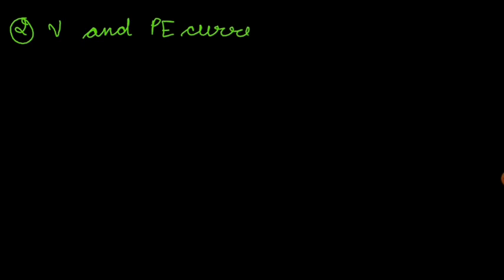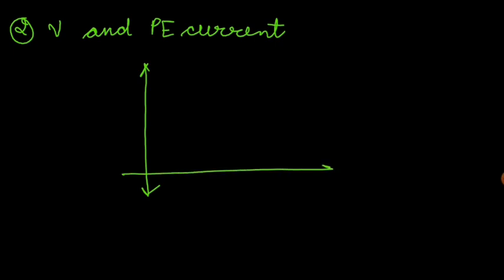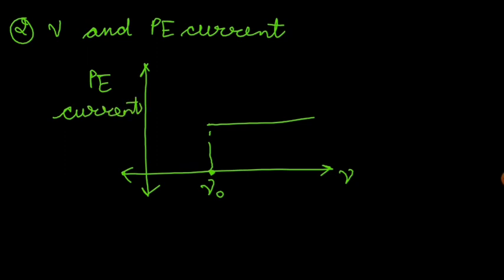When we plot the graph of frequency versus photoelectric current, we find that the graph comes out like this. So here we can say that the photoelectric current and the frequency are independent of each other.